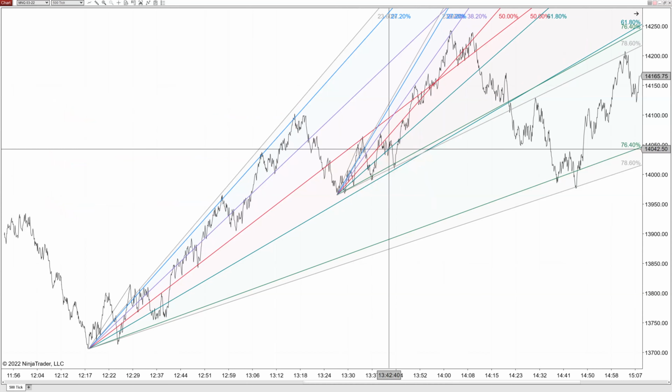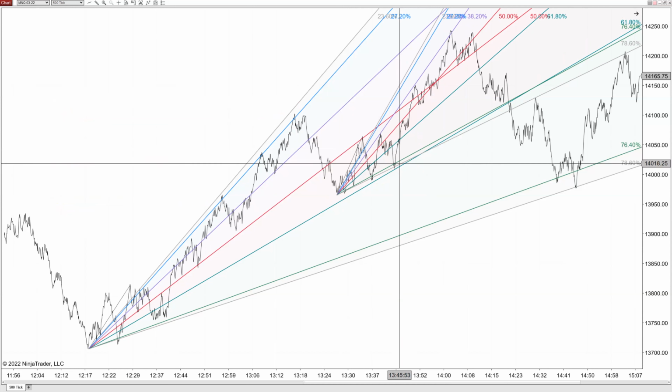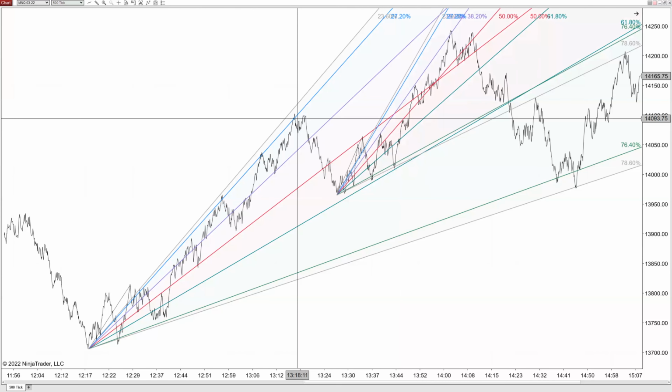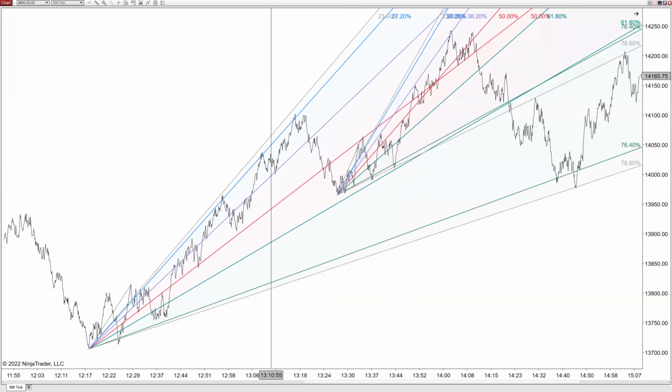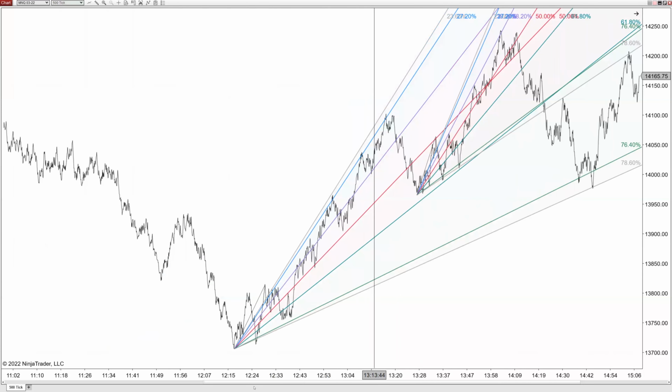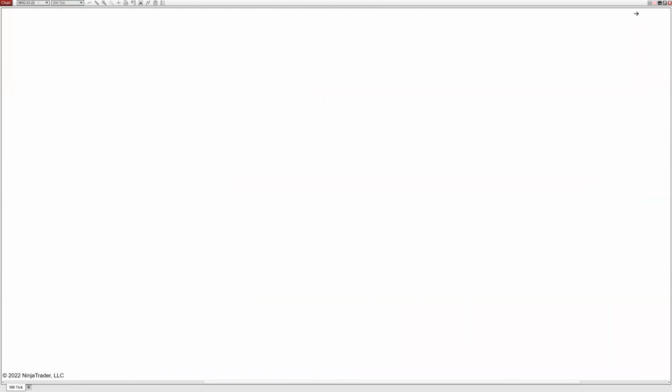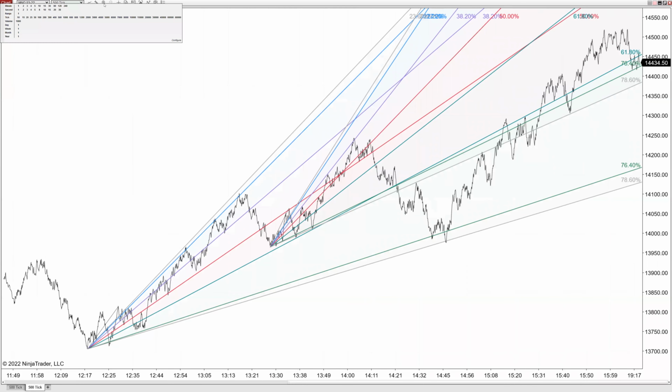So this is what I did for adding back into this position after taking some off with my measured movements coming up. Let me see if it goes back and shows you that resistance. I don't know that I've got enough data on here yet. No, I'll make it a little bit bigger. Pull up like a 2000 tick chart here.